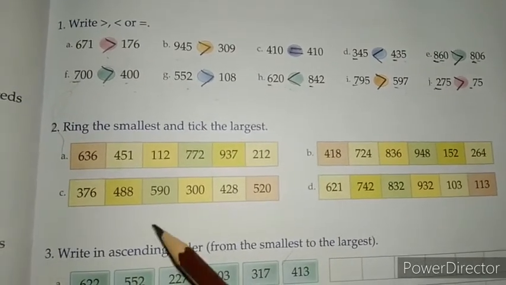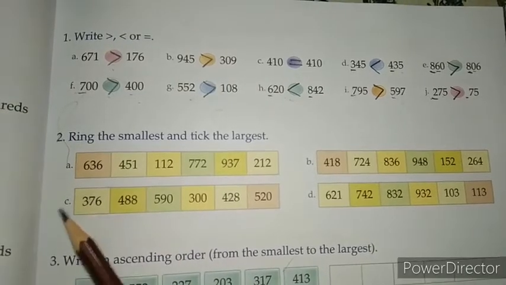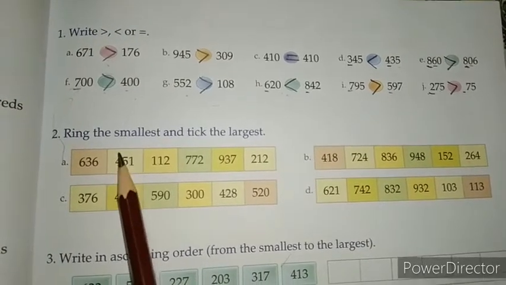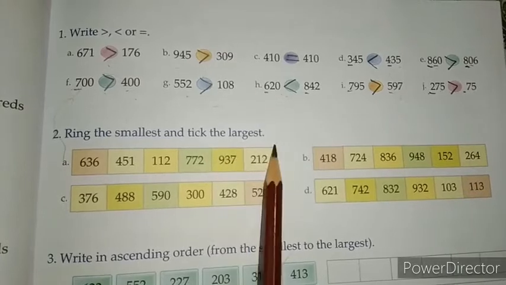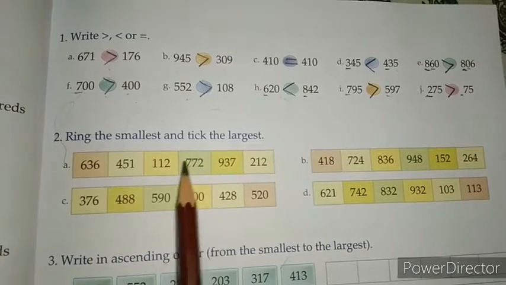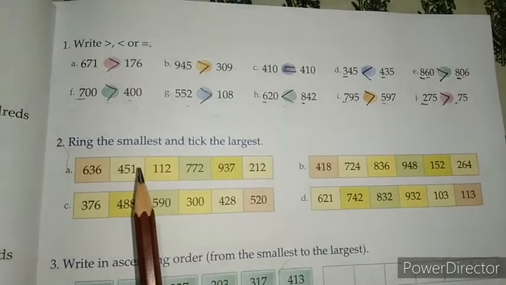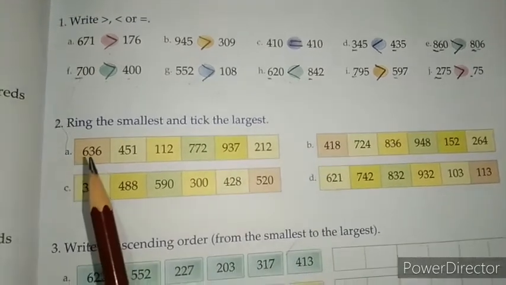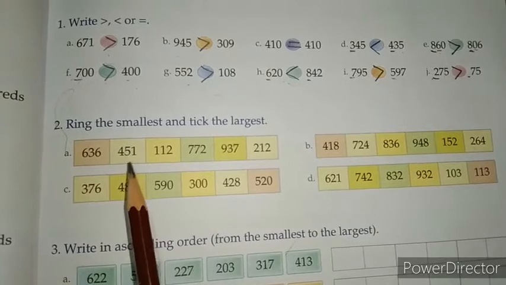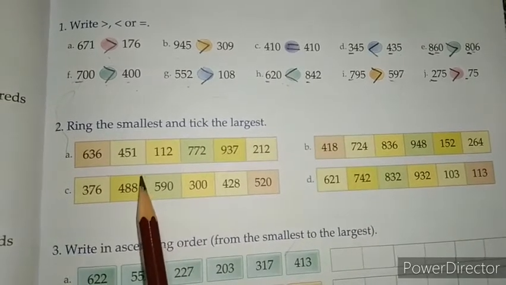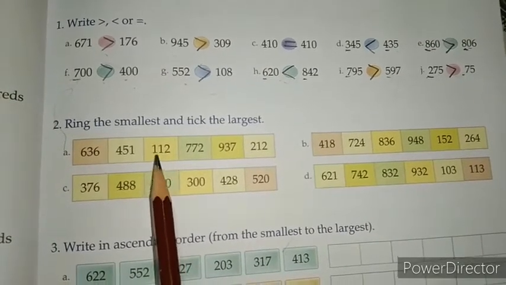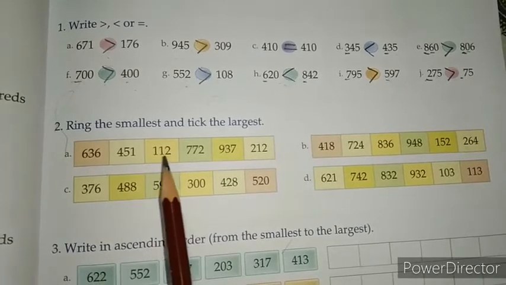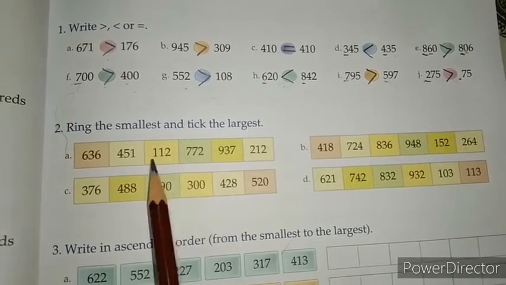Now come to your next question. Ring the smallest and tick the largest. In this question we have to circle the smallest number and tick the largest number. Okay, so here we have 4 patterns. So let's start students. Firstly we will find the smallest number in these numbers.